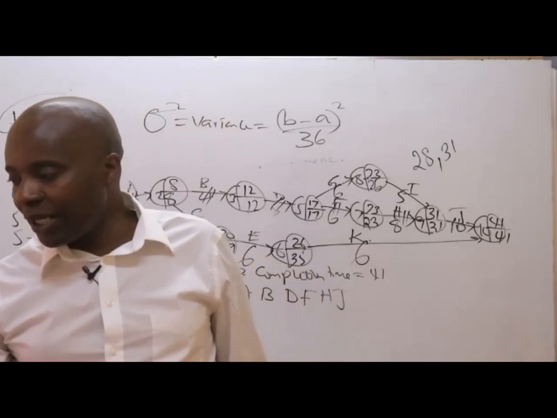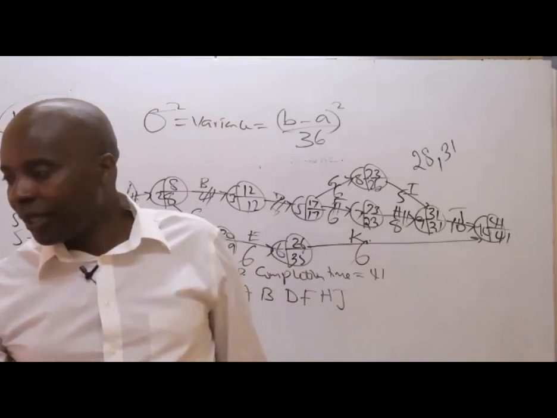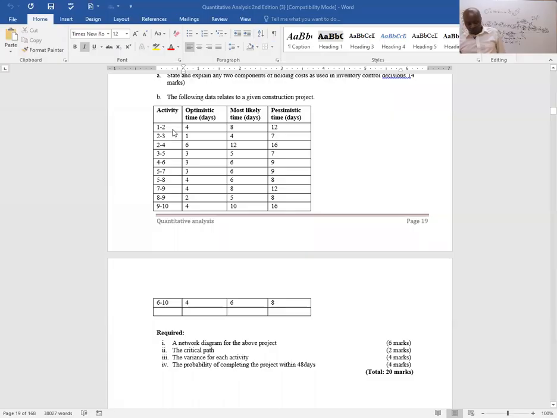Now, ladies and gentlemen, look at activity A. The pessimistic is 12, so 12 minus the optimistic, which is 4, gives me 8.